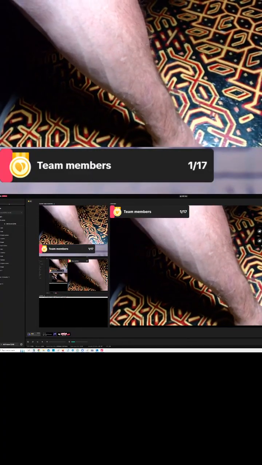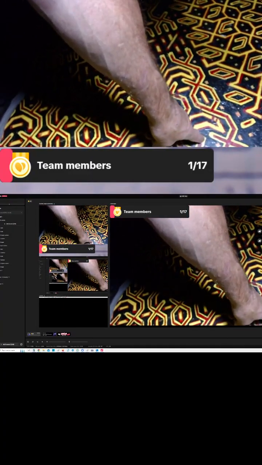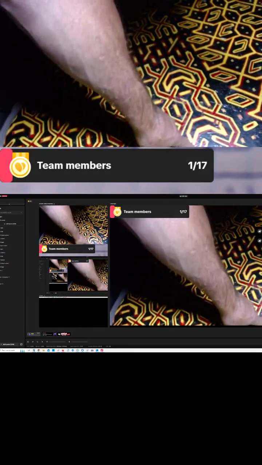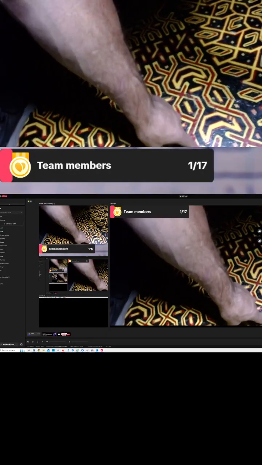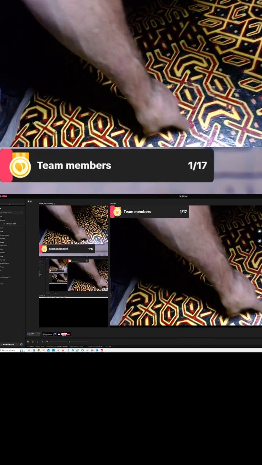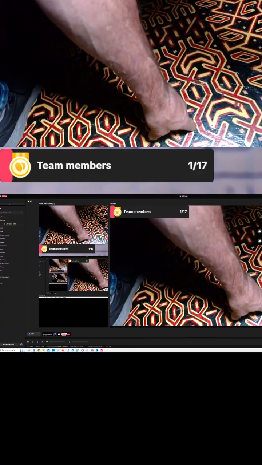Here, 1, 4, 7, 8, 9, 10, 11, 12. 9 and 12, okay, are both red.